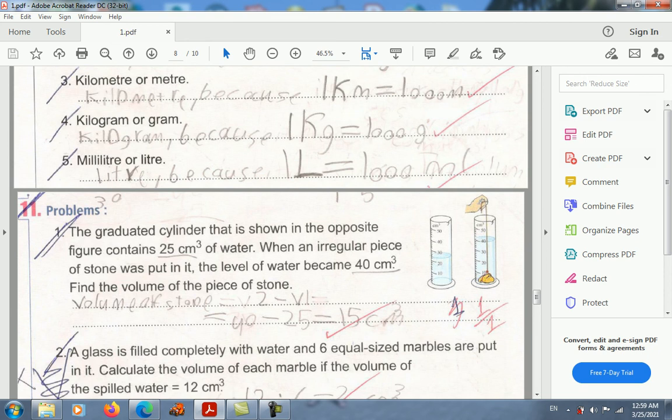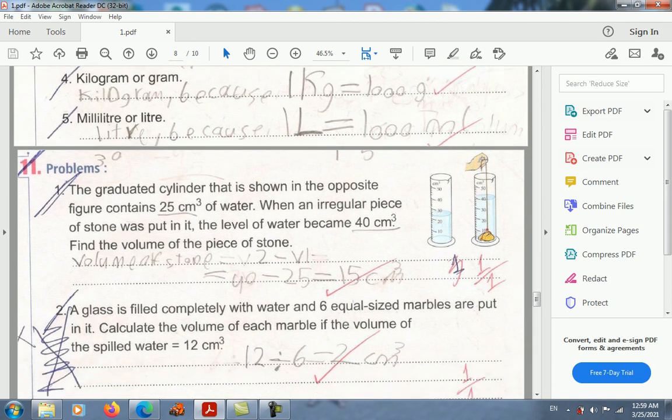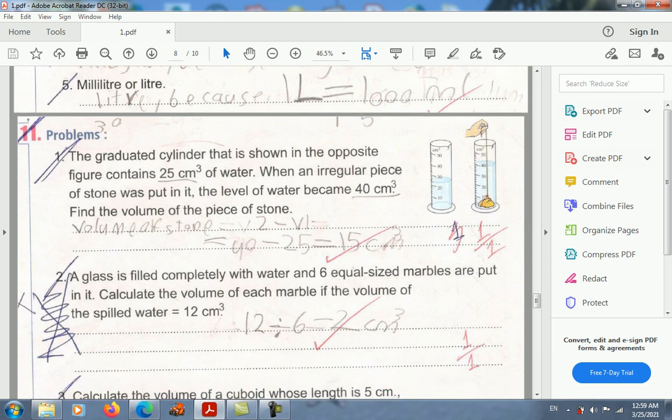Kilometer or meter? Kilometer is larger because 1 kilometer equals 1000 meters. 4. Kilogram or gram? Of course, kilogram because 1 kilogram equals 1000 grams. 5. Milliliter or liter? Of course, liter because 1 liter equals 1000 milliliters.